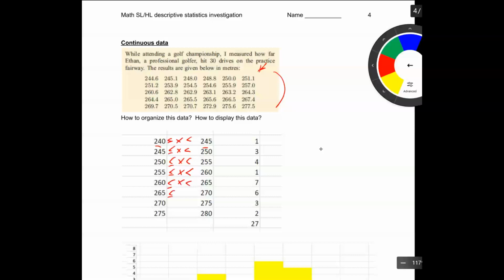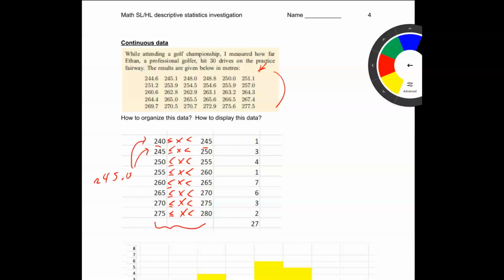And do you see how the left sign is less than or equal to and the right sign is less than? Why am I doing that? Well, the reason is that, let's say my data point is 245.0. I need to figure out, by looking at this frequency table, where this falls. Would it fall here, or would it fall here?